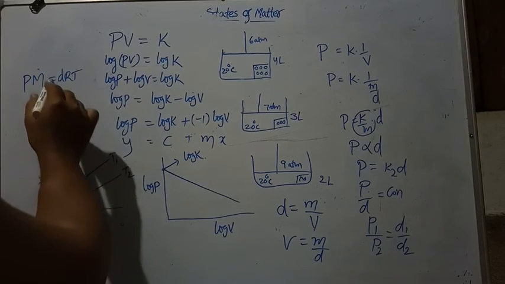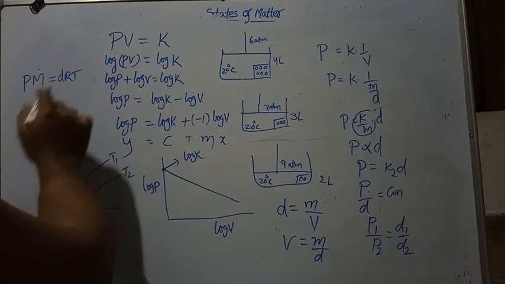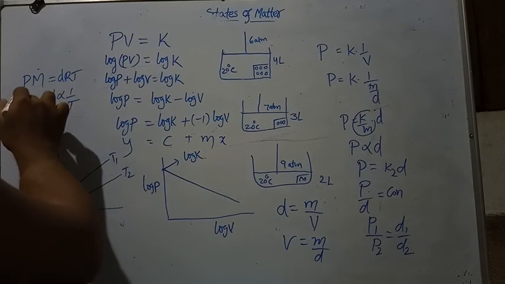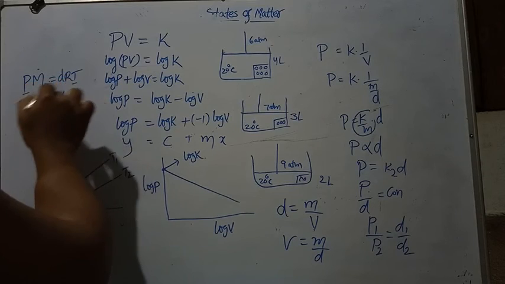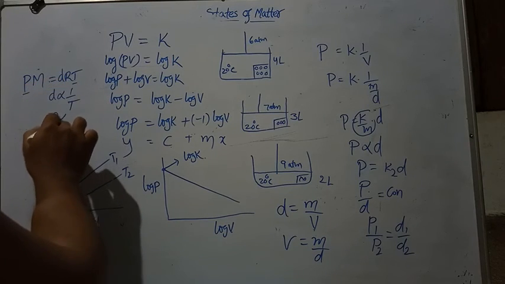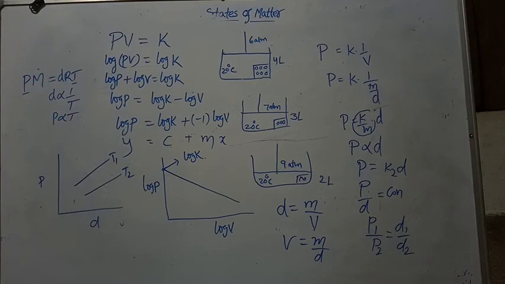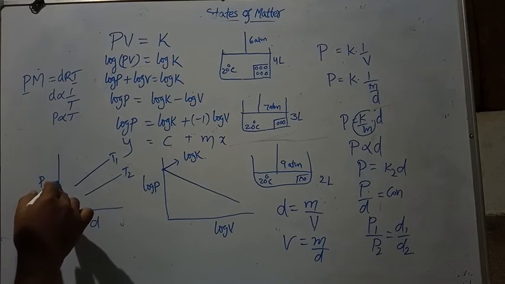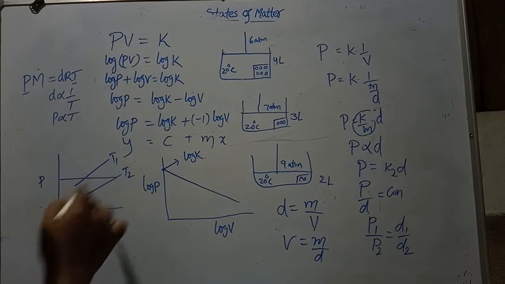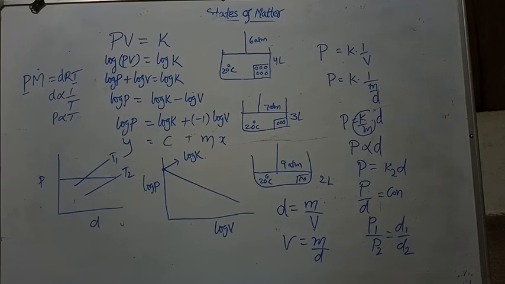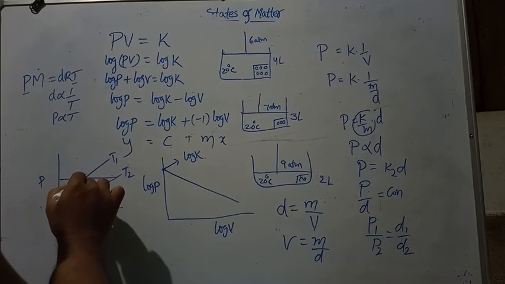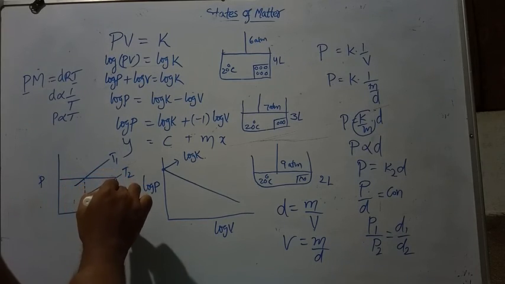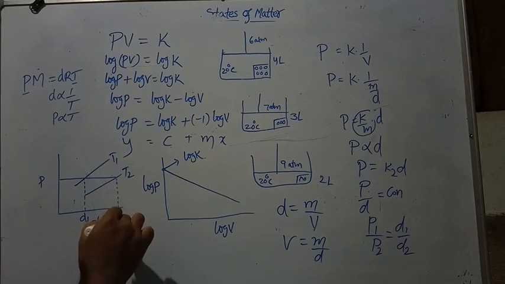See how the density and temperature are related? They are inversely proportional. How are pressure and temperature related? Directly proportional. Now what I am doing is fixing the value of pressure. So at T1 the corresponding density will be D1. At T2 the corresponding density will be D2.